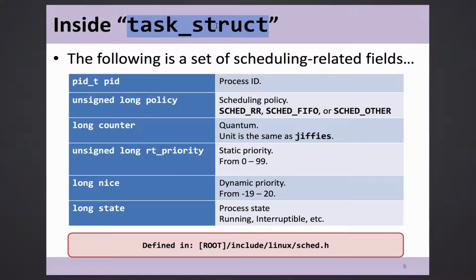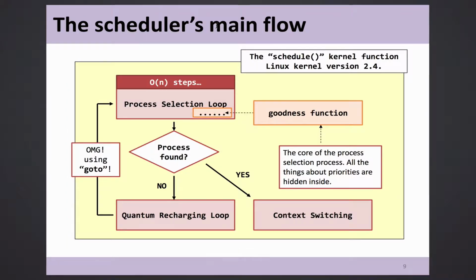And what is a scheduler? The scheduler basically works like this. Whenever the scheduler gets a request saying I need to schedule someone, first of all it goes through a selection loop. The selection loop counts every process to find how good a process is. There is a very ugly named function called goodness.